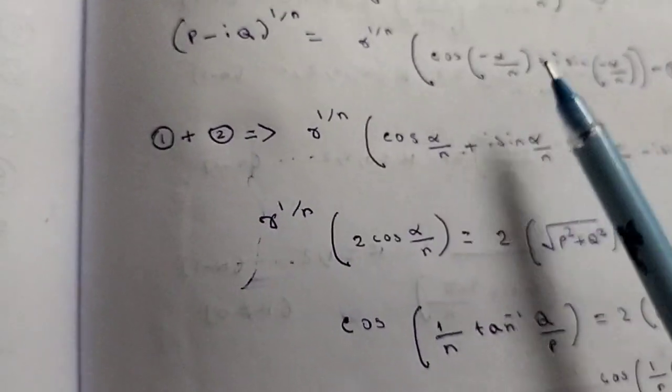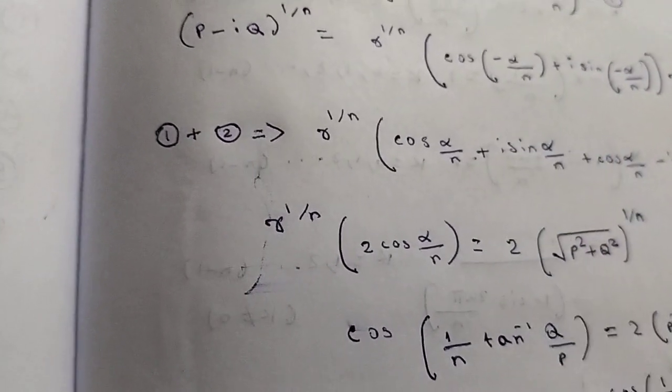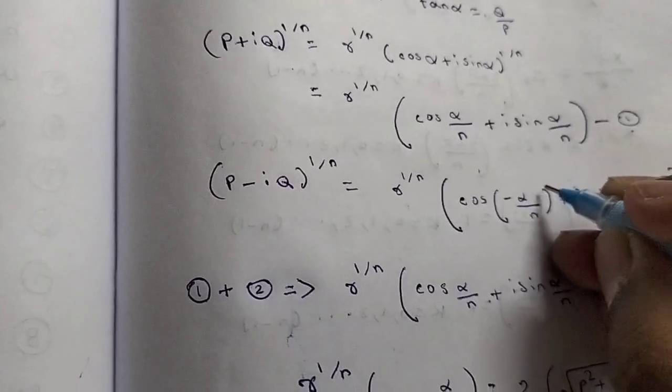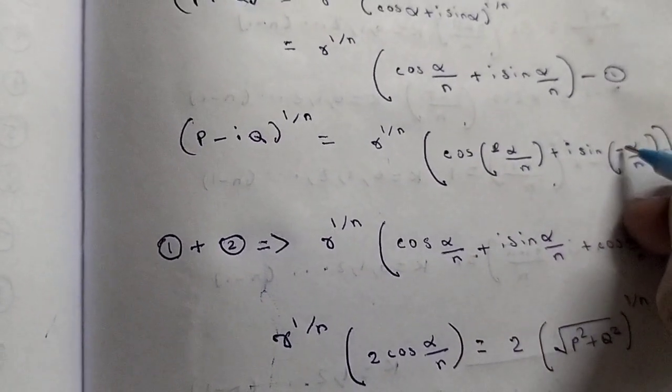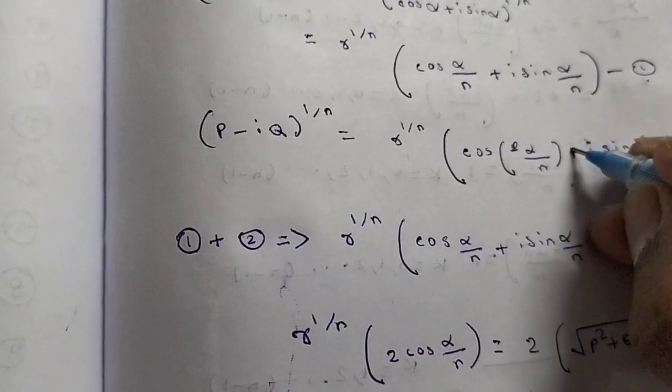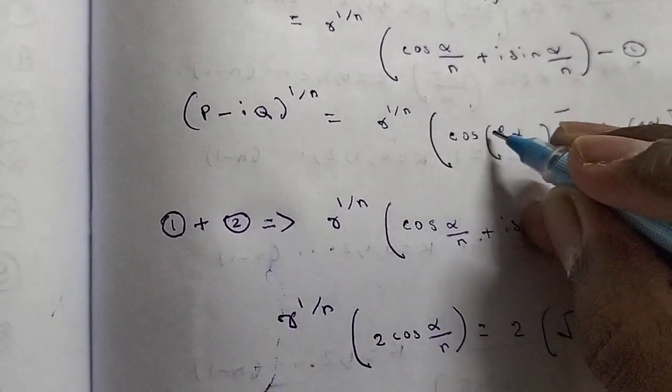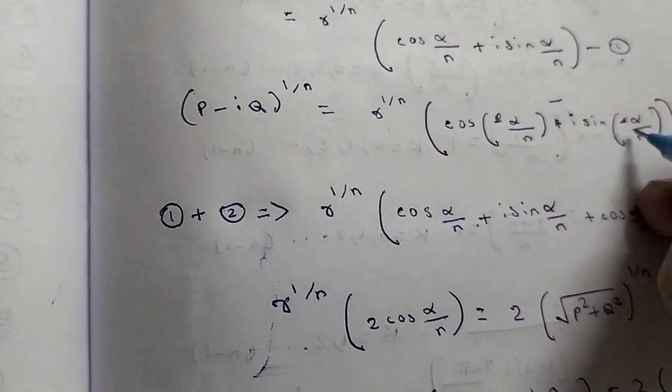Why? Because here in the middle it is minus. So in another step you can write this minus simply here: cos(alpha/n) - i sin(alpha/n).